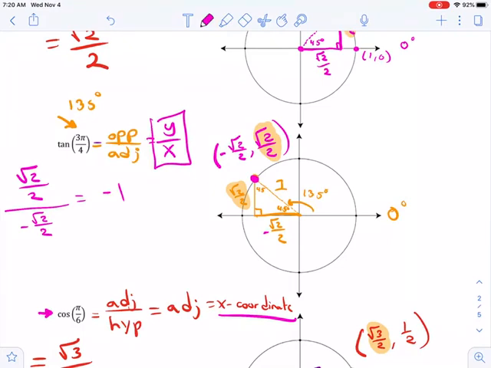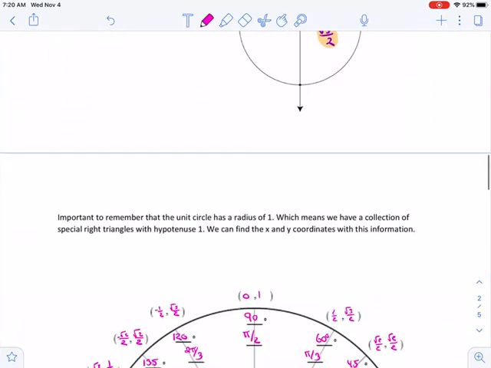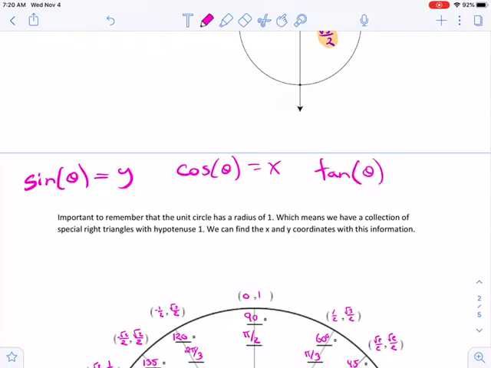So my y coordinate divided by my x coordinate. Let's summarize that here. Sine of some angle, which was the opposite, I can just use my y coordinate, cosine is my x coordinate, and then tangent, since it's opposite over adjacent, is y over x.